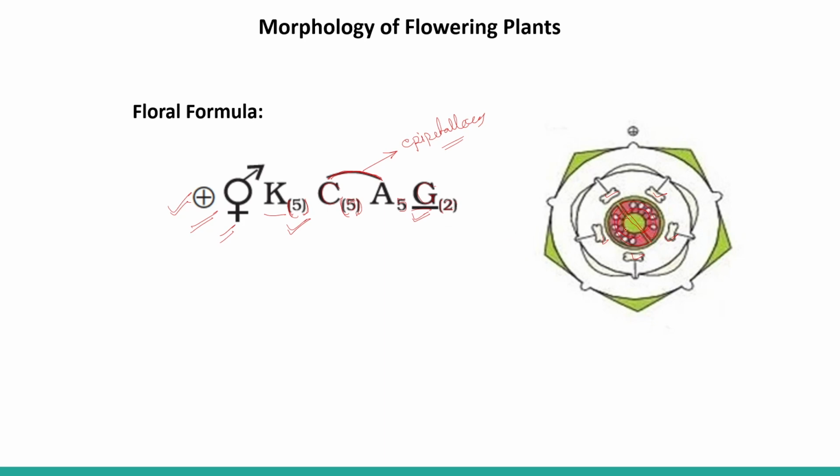And axile placentation, the ovules are attached here like this. If you see this floral formula and understand each symbol, you can describe the whole flower and you can also draw the floral diagram. Very simple it is.